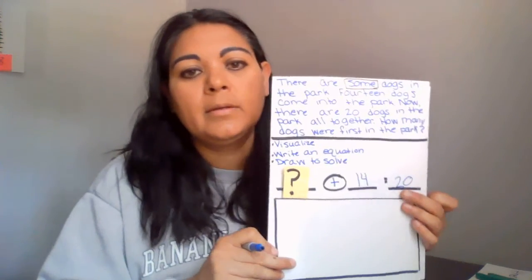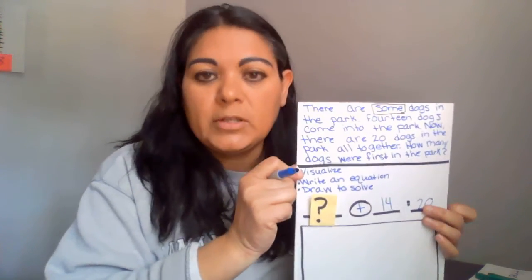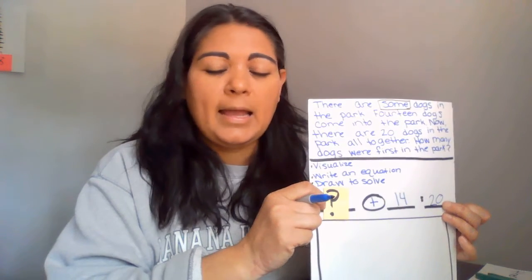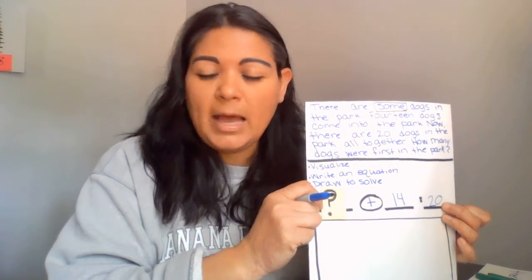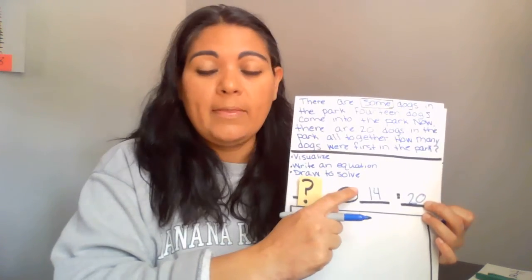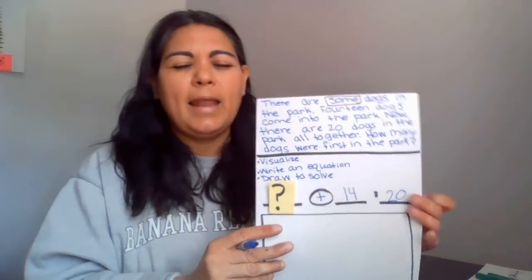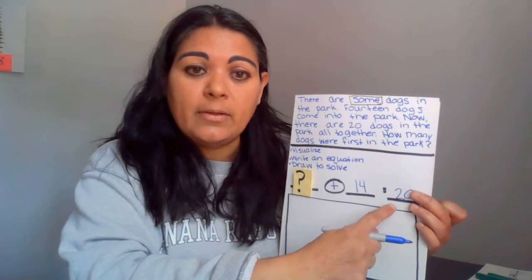So 14 dogs came in, and now there are 20 dogs in the park. Okay, so visualize what's happening. Go ahead and close your eyes. I see a group. I don't know how many's in that group. And then I see 14 came in. And now in the park, there's 20 altogether.